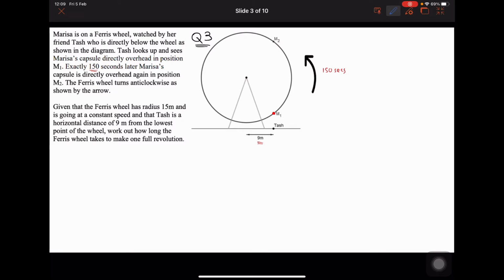Firstly, the 9 meters is there already, but 15 meters is the radius of the Ferris wheel. So I'll draw a dotted line to make it clear what the radius is.